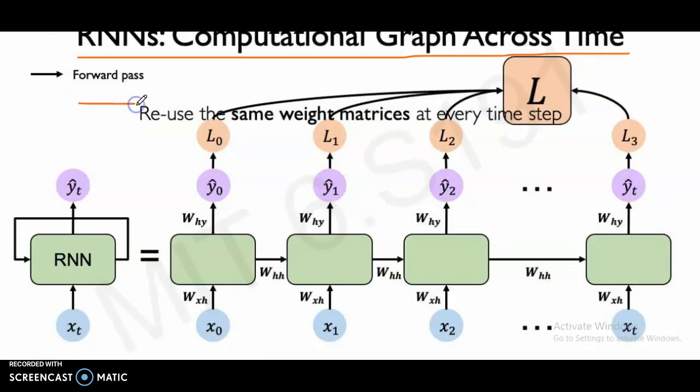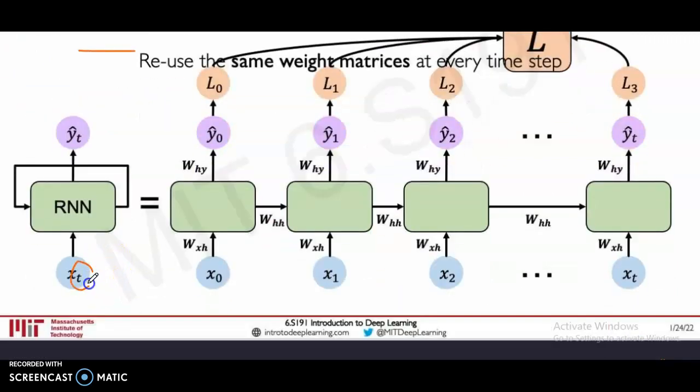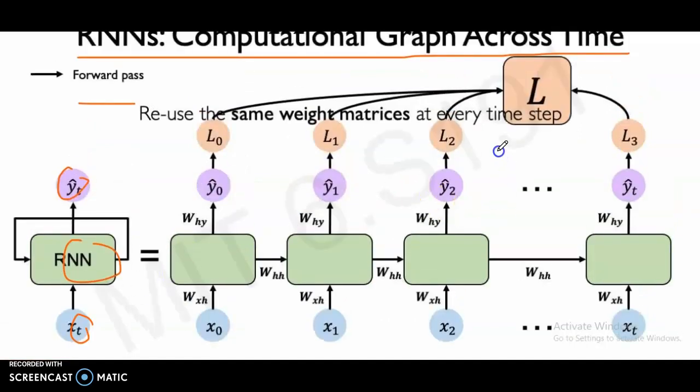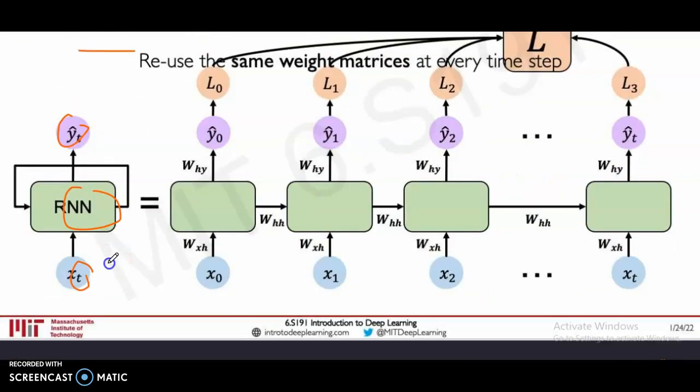Forward pass. Input vector, output vector, RNN state, the hidden layer. In the computational graph across time, the same weight matrices are used at every time step.